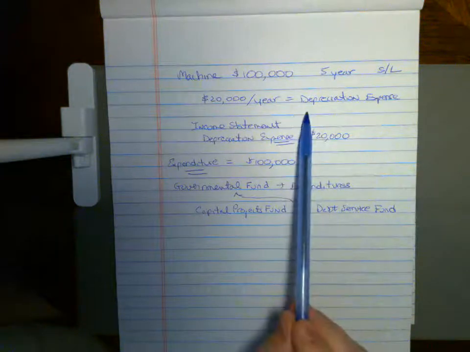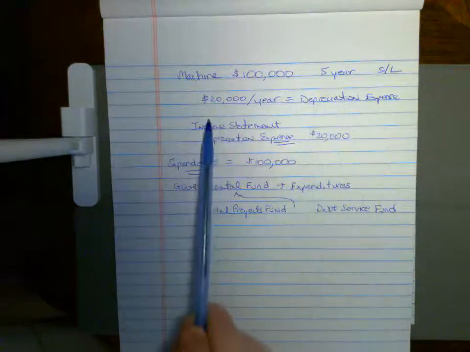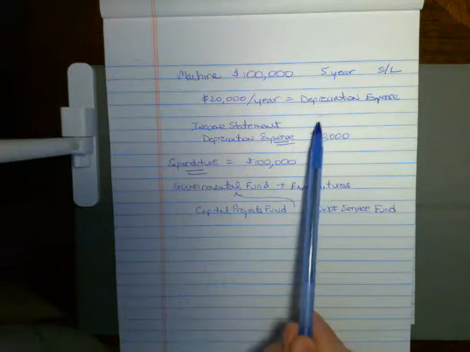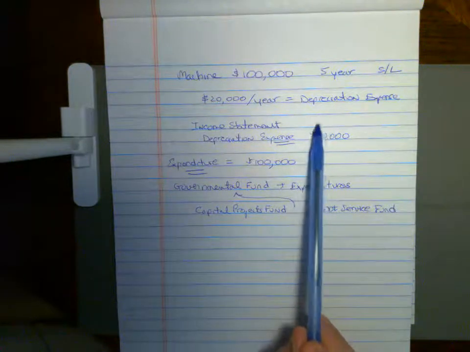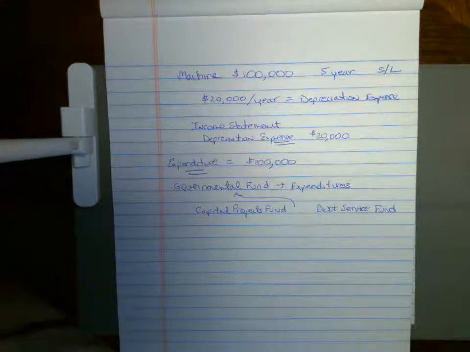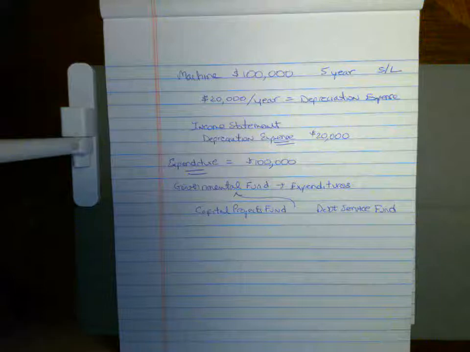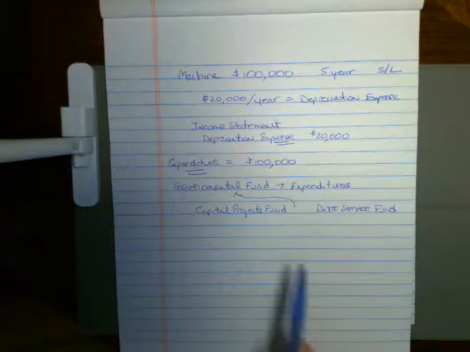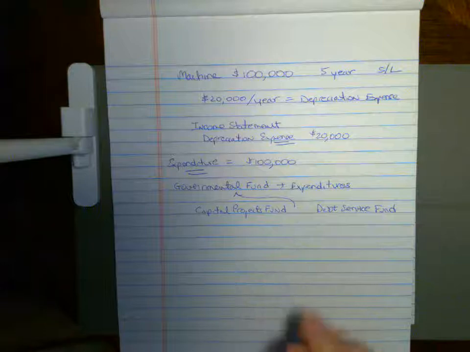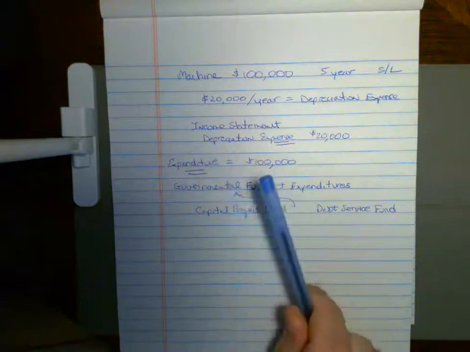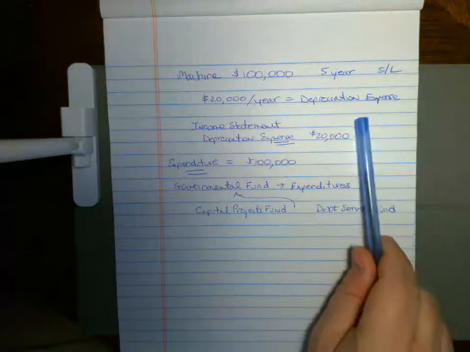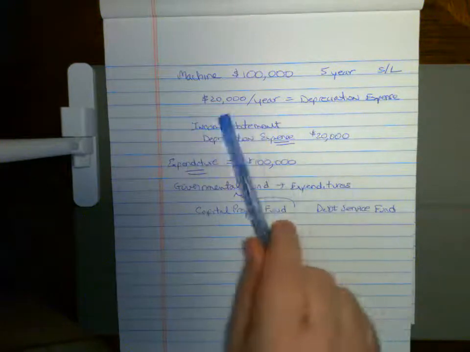So internal service is customers inside the government, other government departments or agencies. Enterprise funds, you're dealing with citizens and external stakeholders that are purchasing things from the government. Those are going to use the full accrual accounting system, and they will have their long-term assets recorded on the books, and they will use depreciation to record the expense.